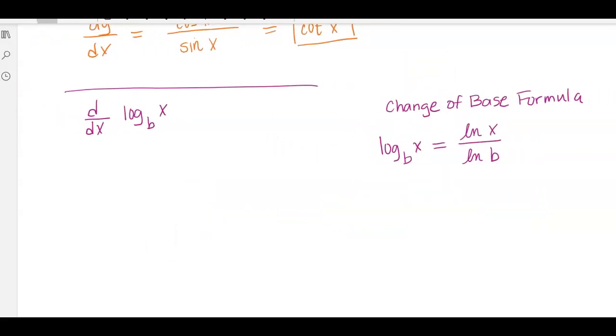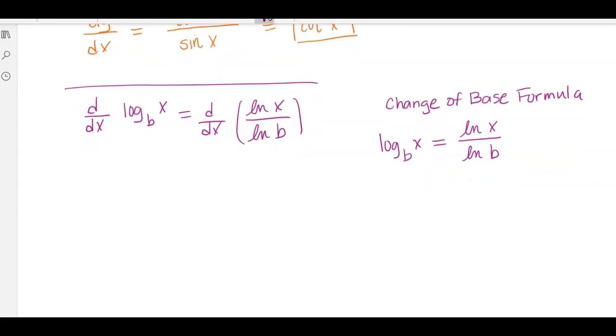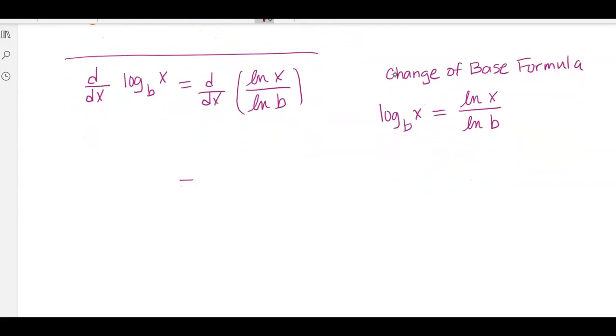So I'm going to rewrite this as taking the derivative of natural log of x over natural log of b. Now I'm going to use the quotient rule.